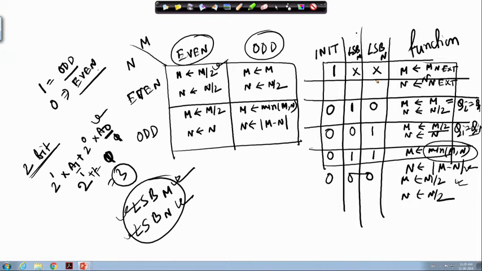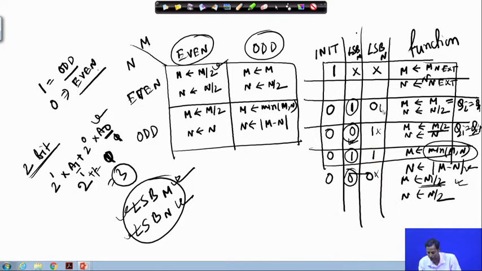The interesting thing here is that whenever the LSB of m is 0, it does not matter whether n is even or odd. It does the same thing, m by 2. But for the odd case, it has different functionality.